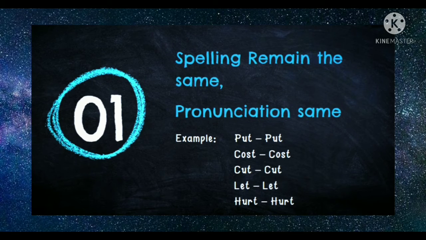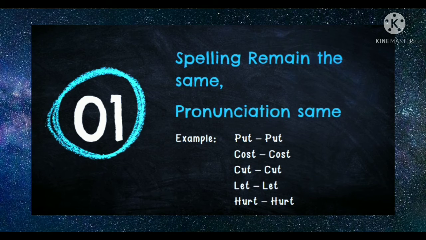Now, let's look at the groups in irregular verbs. Honestly, there are a lot of groups in irregular verbs and we will be focusing on only three groups. The first one: spelling remains the same and pronunciation remains the same. If you look at the verbs below, for example, put.